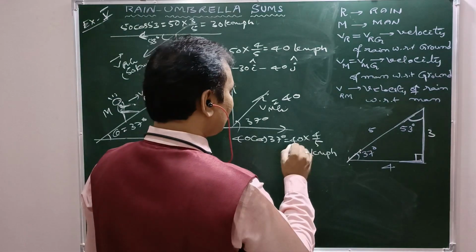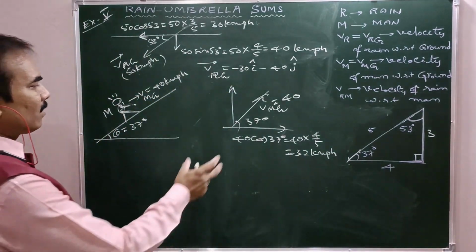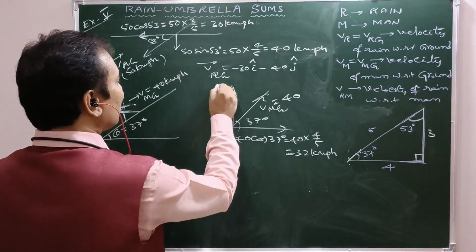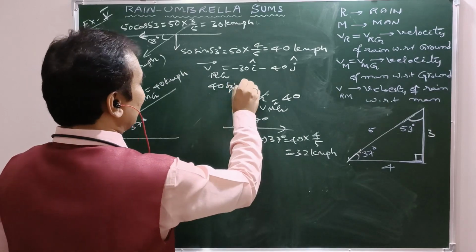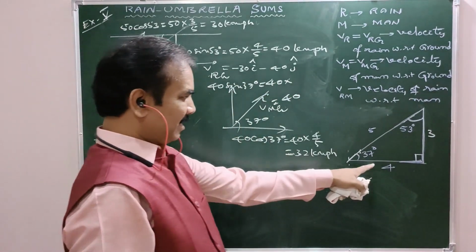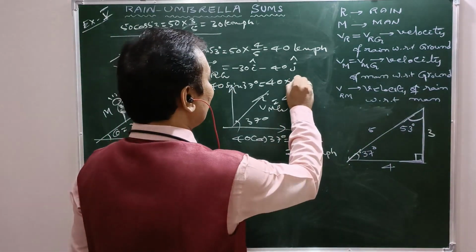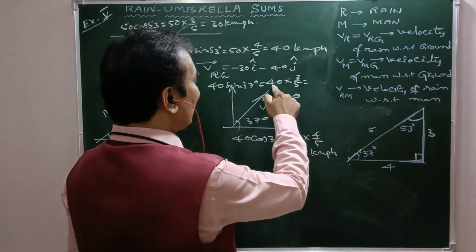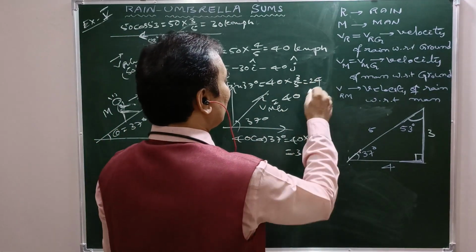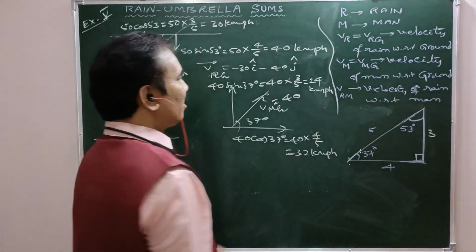Right? 32 kmph. Now what about the vertical component here? This is the sine component, that is 40 sine 37. Sine 37 is opposite side by hypotenuse, that is 3 by 5. 40 by 5 is 8, 8 into 3 is 24 kmph.